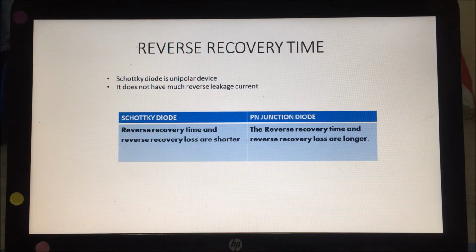It does not have much reverse leakage current, the current that flows from cathode to anode during reverse bias condition. Thus, there is less delay during electron-hole recombination. Hence, Schottky diode can switch on or off faster than PN junction diode.